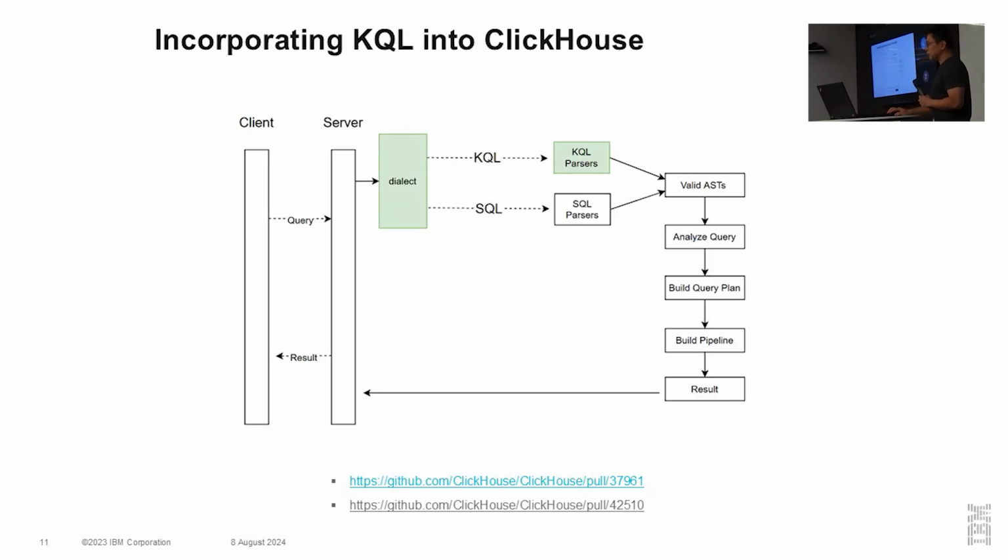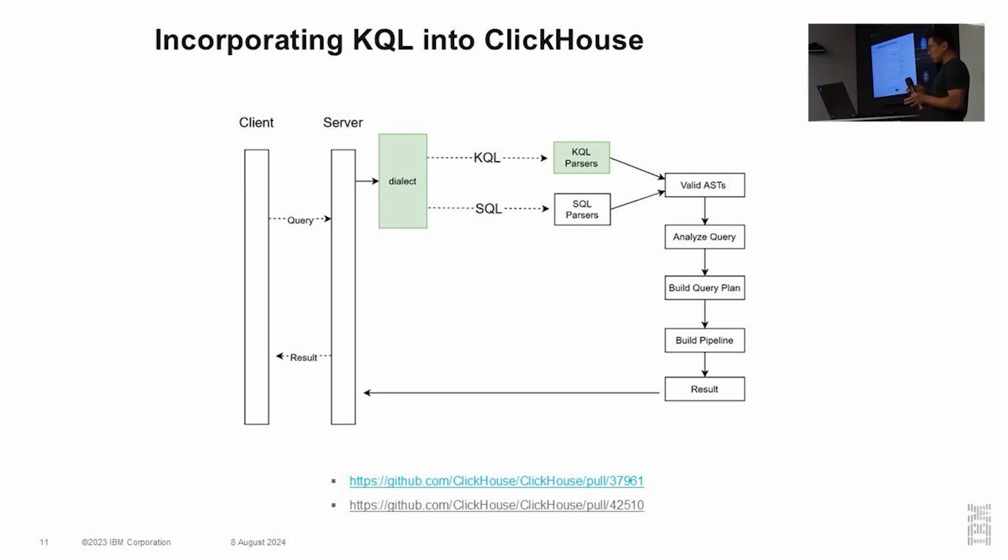Okay, so here just shows how we incorporate Kusto Query Language into ClickHouse. What we did is we have this dialect control. We introduced a new dialect in ClickHouse. By default, ClickHouse SQL is the ClickHouse dialect, right? So we introduce a new Kusto Query Language dialect. You can set the dialect to Kusto Query Language.